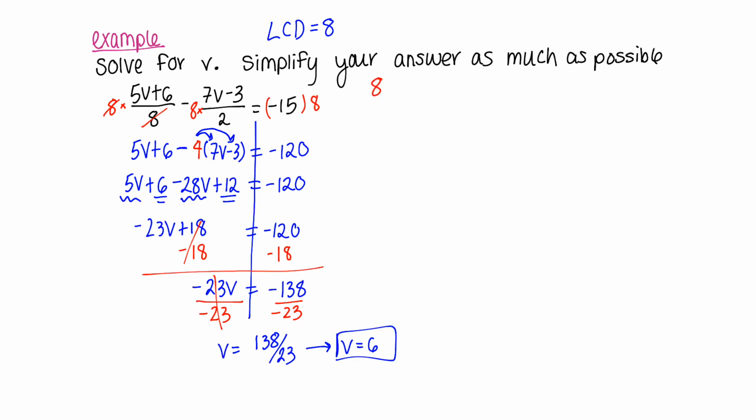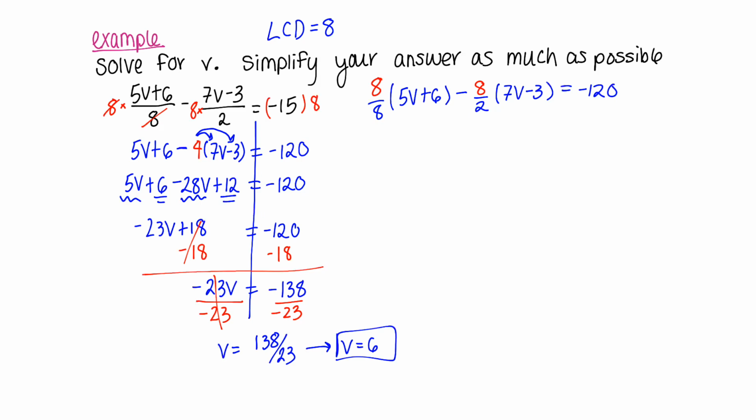You take this whole denominator and move it underneath that 8. Then parenthesis 5v plus 6 minus, you multiplied by 8, the denominator here was 2, parenthesis 7v minus 3 equals negative 120.